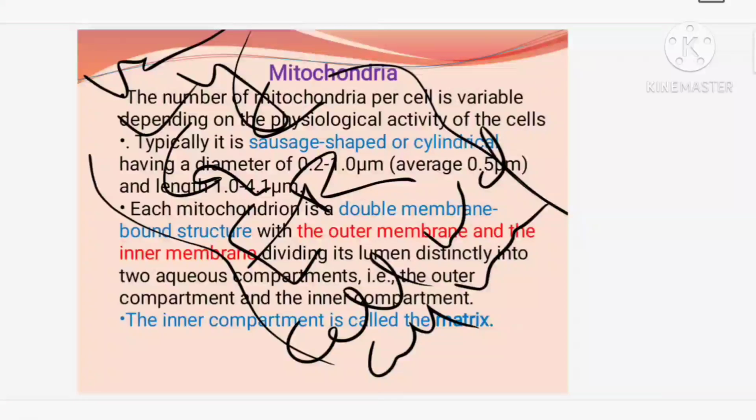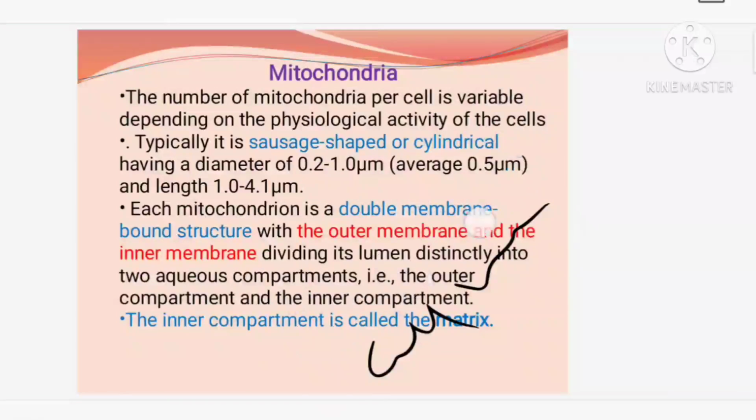So moving on to the next cell organelle we are going to discuss, a very important cell organelle, mitochondria. So what is mitochondria? Mitochondria is a cell organelle present in the eukaryotic cell. And what is its function? You have learned already, it helps in respiration.